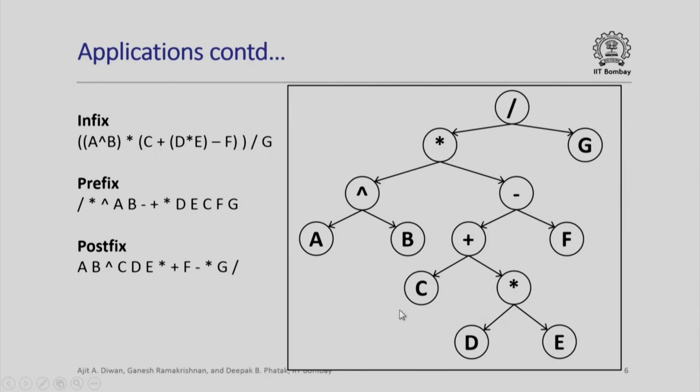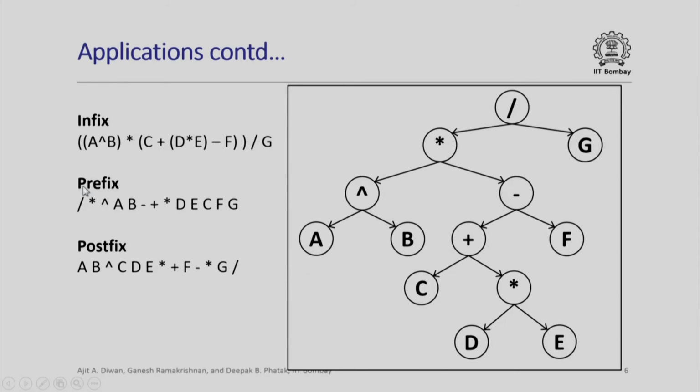Here is another example, a slightly more complex expression. In infix notation we would have written this as a raised to b multiplied by c plus d into e minus f, all divided by g. The tree for representing this expression is shown here.